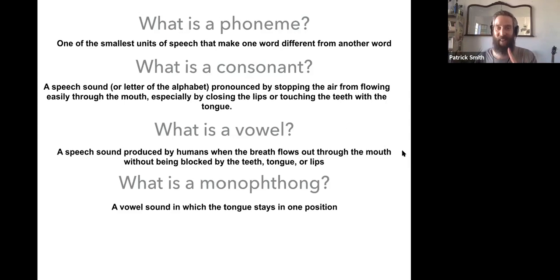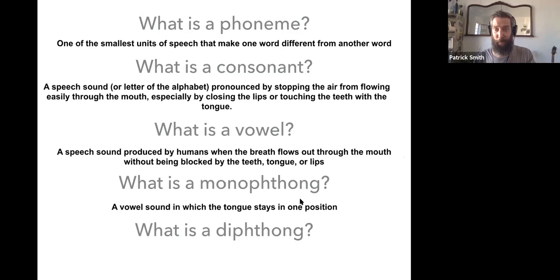We'll see who doesn't have their microphone muted. Try to focus on the position of your tongue when you do it. Or even the e in bed, that's a monophthong, because when you make the sound, your tongue remains stationary. It doesn't move, as opposed to a diphthong.